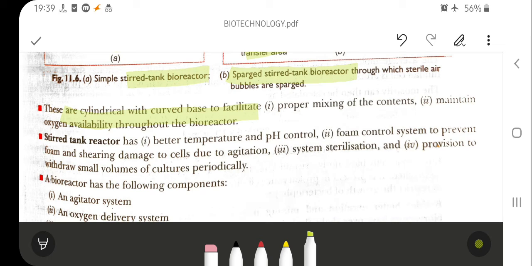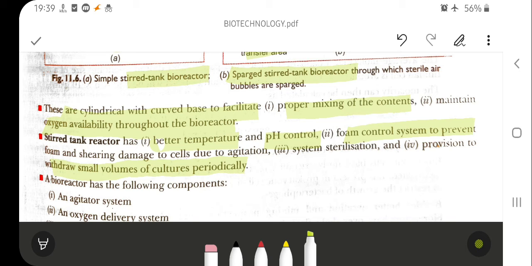So what is the use of that cylindrical base? It facilitates proper mixing of the contents and maximum oxygen availability in the bioreactor. It has better temperature, pH control, and foam control to prevent foam, shearing damage to the cell due to the agitation, meaning during the mixing, and system sterilization, and provision to withdraw a small volume of the culture periodically.